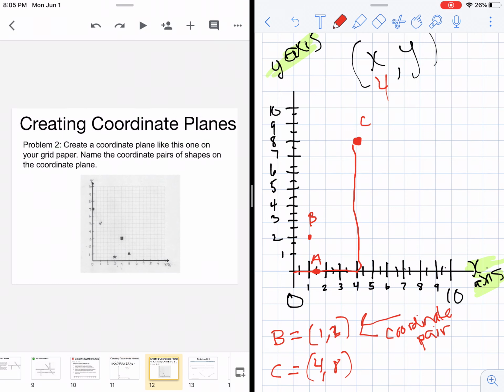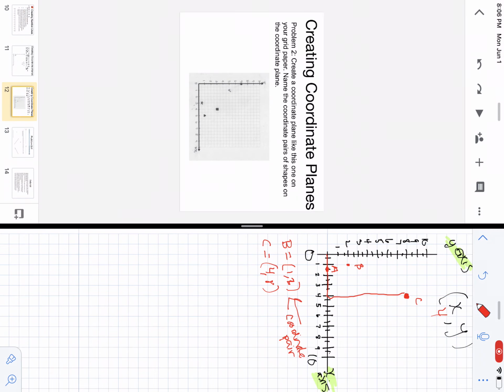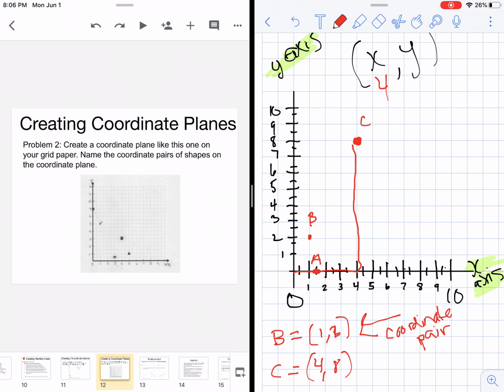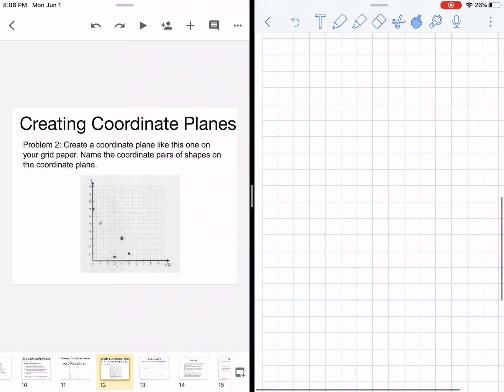So we are going to create another coordinate plane on your grid paper, just like the one we made here. And now we're going to put some shapes on our coordinate plane, and we are going to name those coordinate pairs. So I am going to create a new grid. Okay, we're going to do our x-axis and our y-axis.